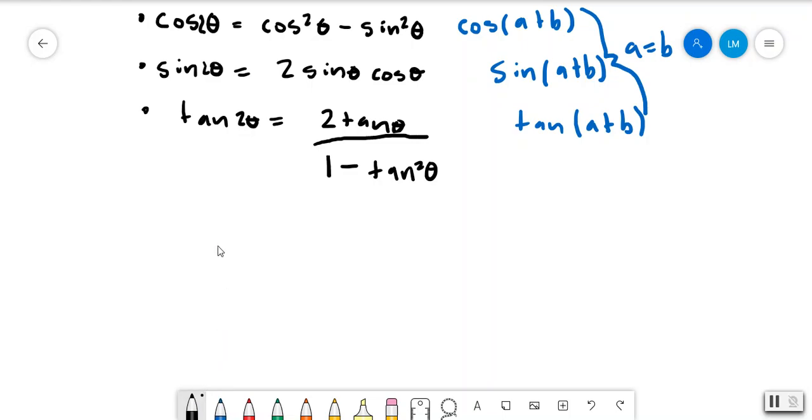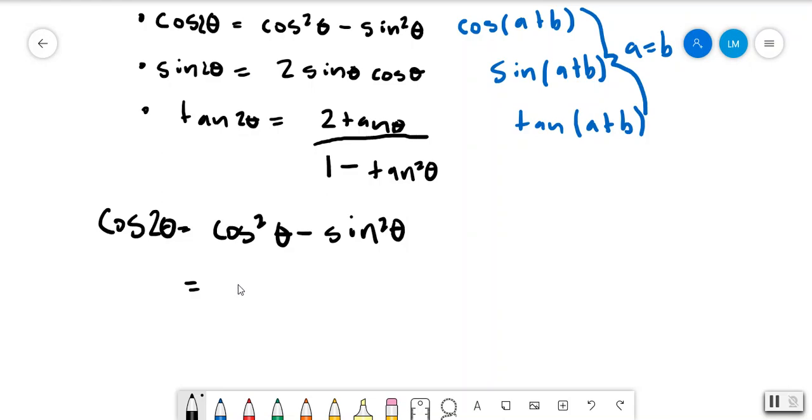Now, from cosine 2 theta, knowing that that's equal to cosine squared theta minus sine squared theta, well, we happen to know that for sine squared, that's going to be 1 minus cosine squared theta.